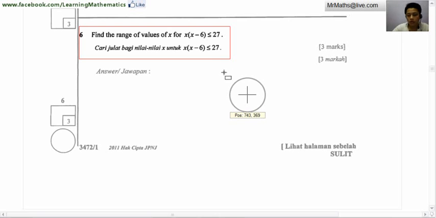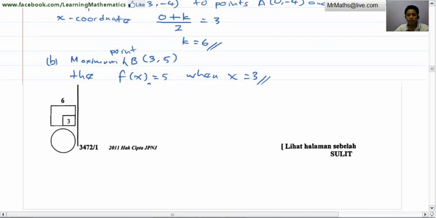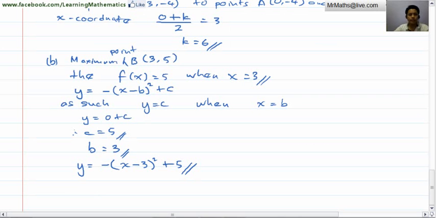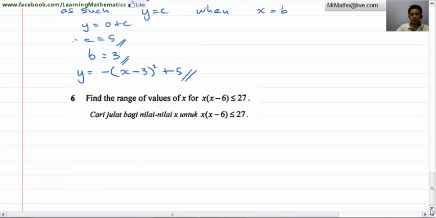That will be really rewarding when you are sitting in an examination. Alright, let's move on. Find the range of values of x for, alright, just write it down there.